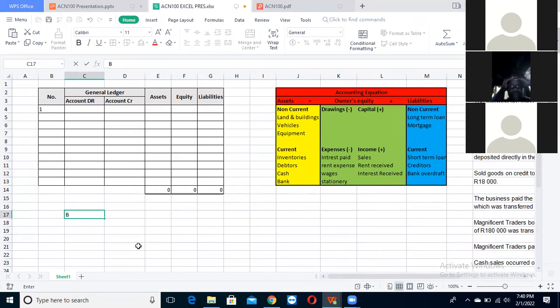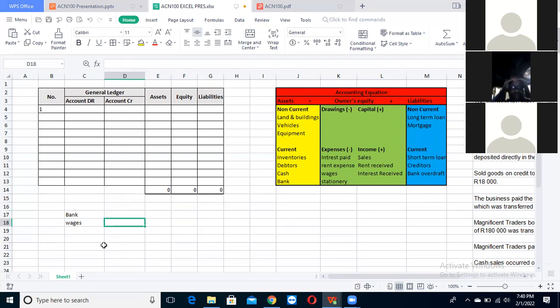So automatically, the bank account becomes one of our accounts in the question. And then again, the money from the bank is going where? It is going to pay wages. So wages is receiving from the bank. Wages becomes our second account.